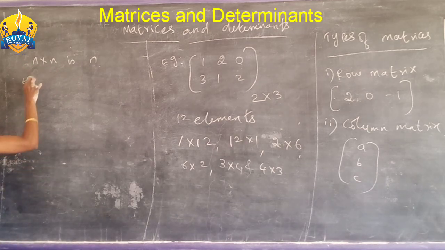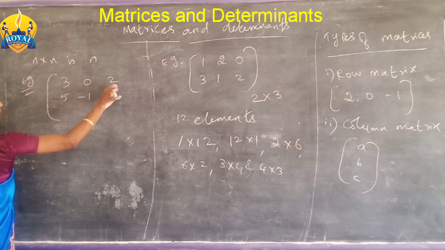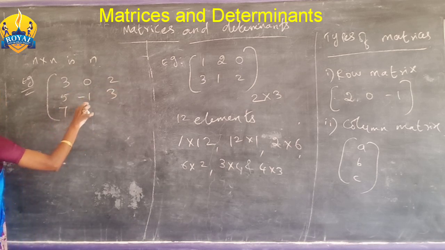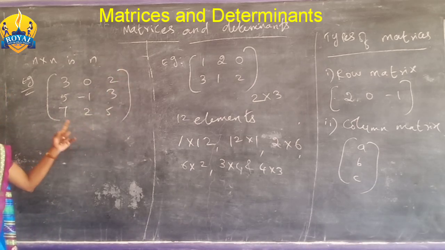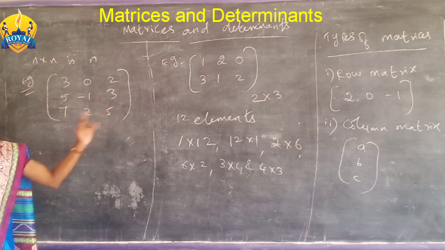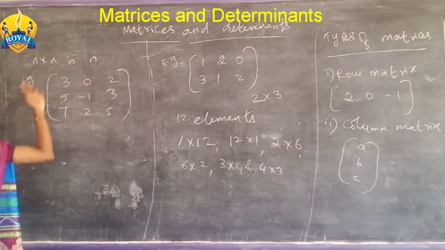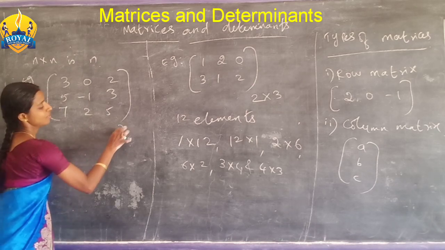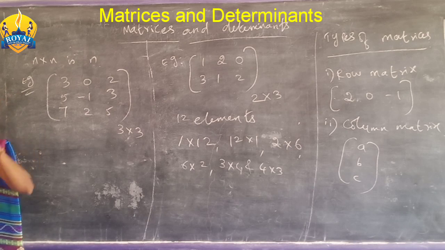So let me go ahead with the example. Now this is a square matrix because my rows are 3, my columns are also 3. So now I have a square matrix of order 3 cross 3. So order of this matrix is 3.